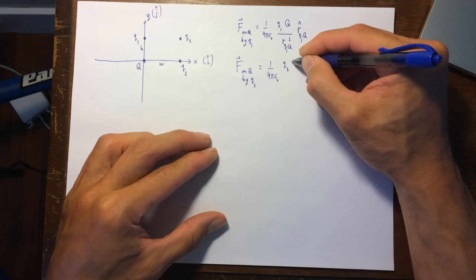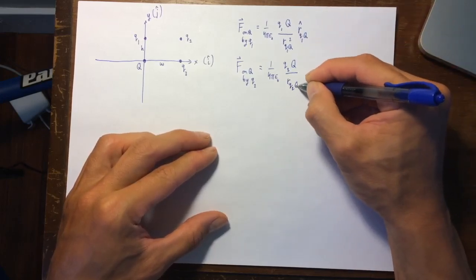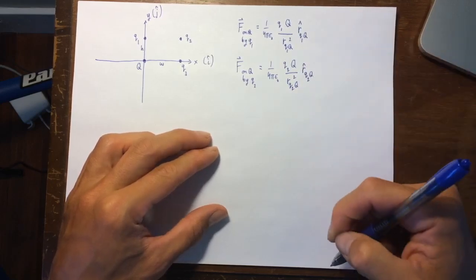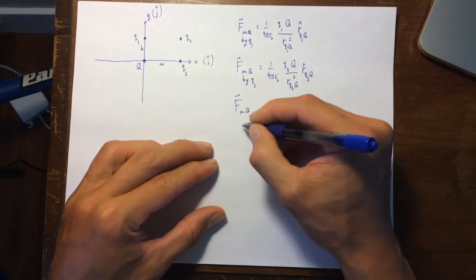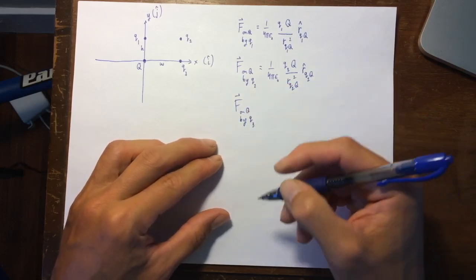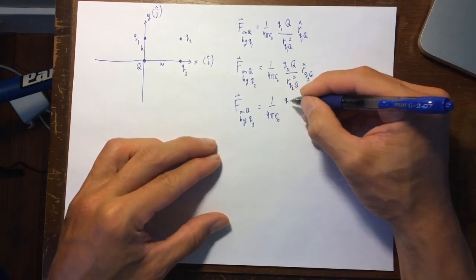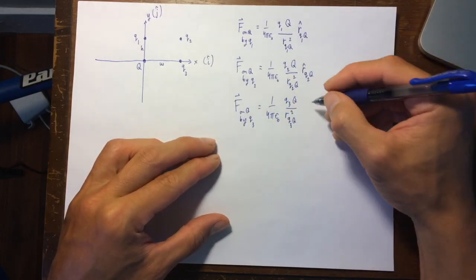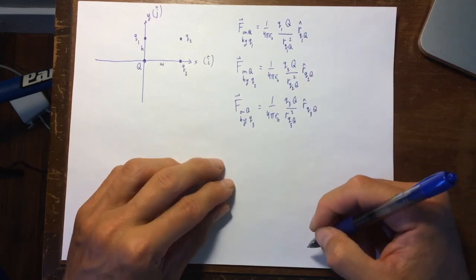So it'll be Q2 times capital Q divided by the distance from Q2 to capital Q squared times the unit vector from Q2 to capital Q. All right, and then the force on Q by the only other charge in the problem, Q3, is equal to 1 over 4 pi epsilon naught Q3 capital Q over the distance between Q3 and Q squared, and then multiplied by the unit vector Q3Q.